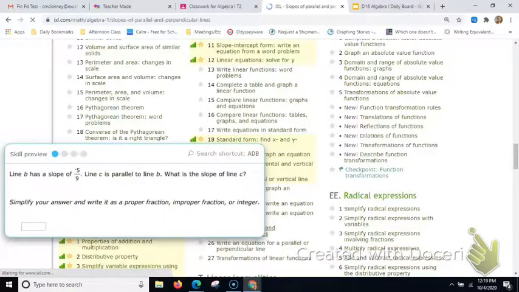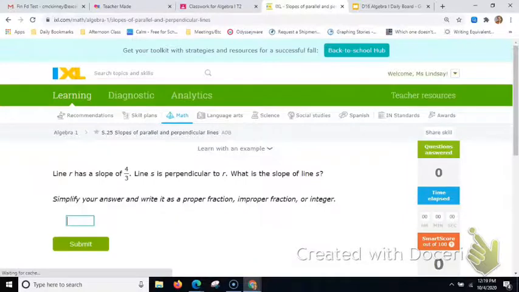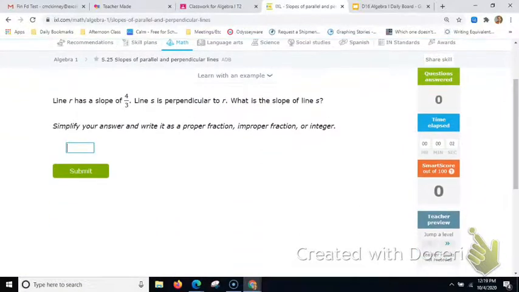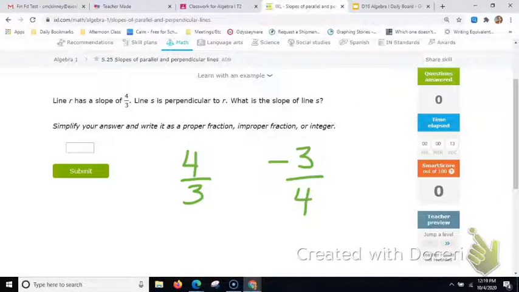Yes, show us. There we go. So it says R is 4/3, and S is perpendicular. So we're starting out at 4/3. If it says parallel, you're going to type in the exact same thing. If it's perpendicular, I need to change the sign and flip it over. So I'm just going to type -3/4.